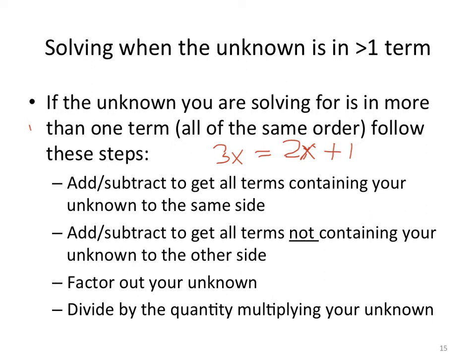And then get everything else away from it. Factor out your unknown. So that means your x would come out front of your 2 and 3. And then everything else you would divide or multiply to the other side. Now, I realize I would just kind of talk through that real quick. Let's see if we can look at an example or two that hopefully make a little bit more sense.